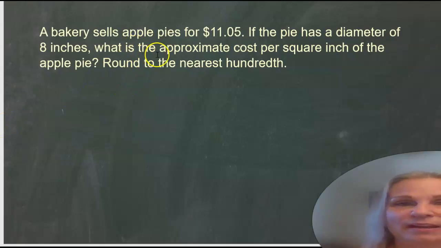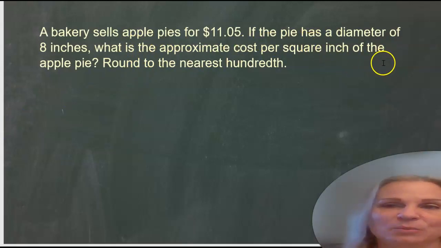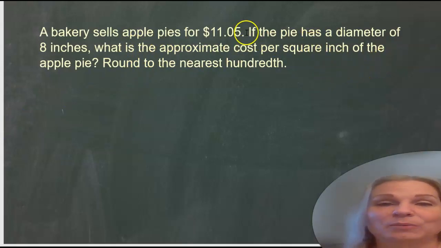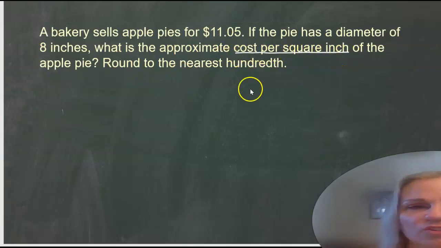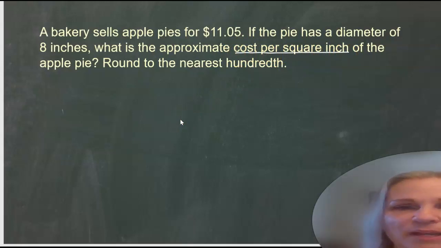Okay, so we have apple pies. We're given the diameter, and we have to find, ooh, the cost per square inch. Look at that. All right. So the cost per square inch. Okay, let's do it. So we need to know how many square inches of area we have for this pie, right?